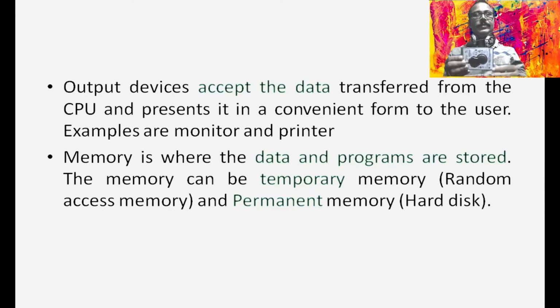Of course, it will be enclosed inside some other enclosure, inside a drive. There will be enclosures, cabinets. But this is the permanent memory, the hard disk. That means its contents are not lost even if we switch off the power.